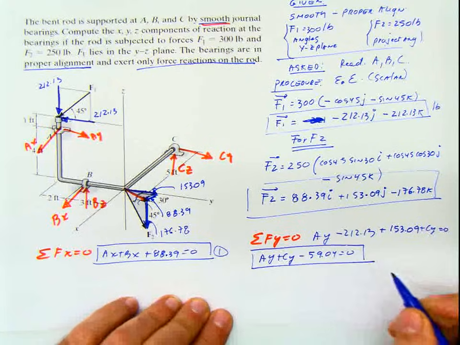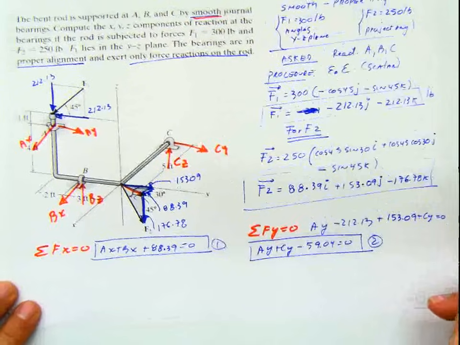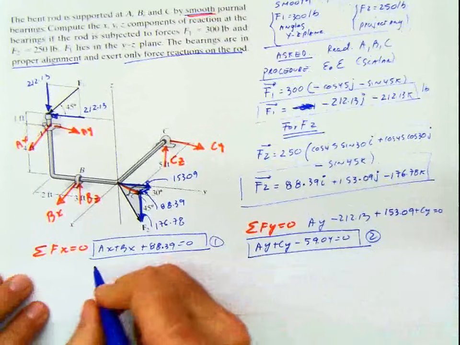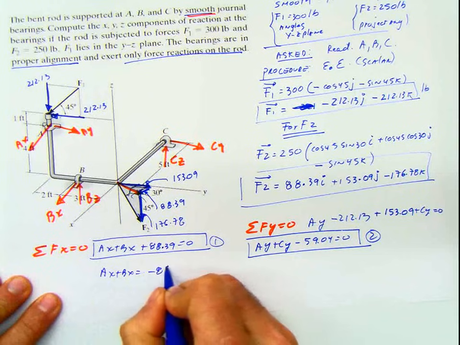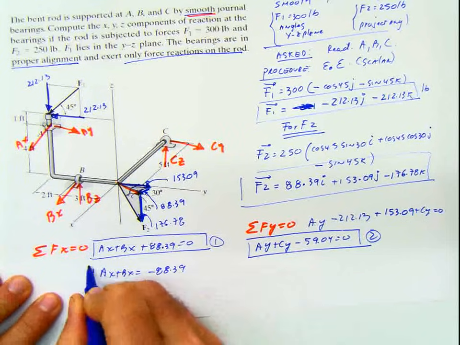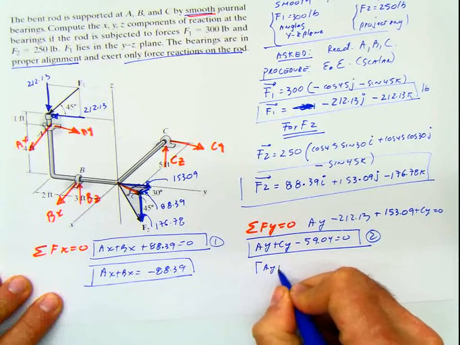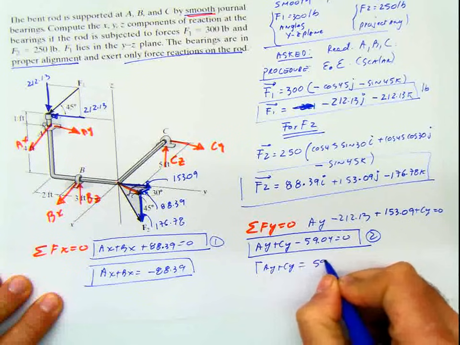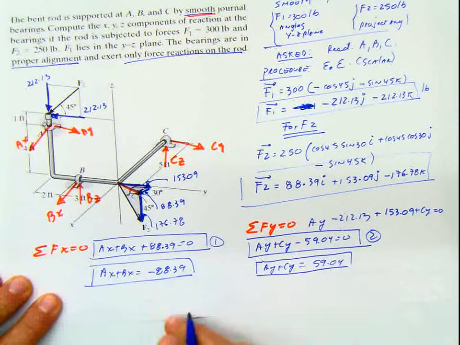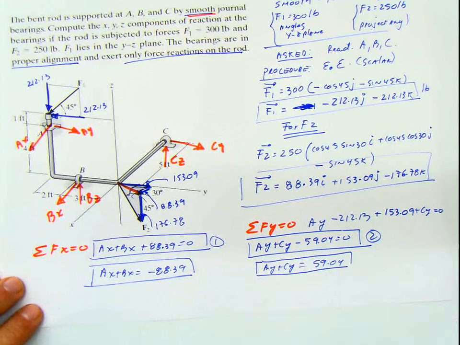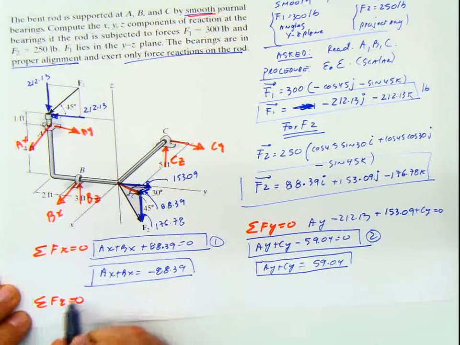Second equation. I'm going to express this as AX plus BX equals negative 88.39, and this one as AY plus CY equals 59.04. Just passing the independent term to the other side of the equal sign.